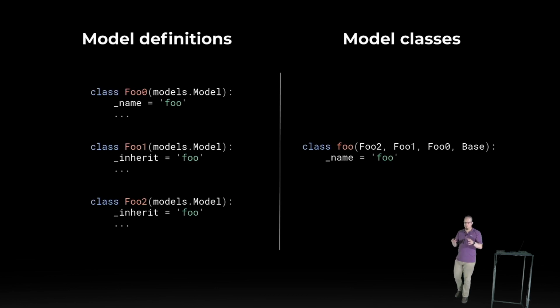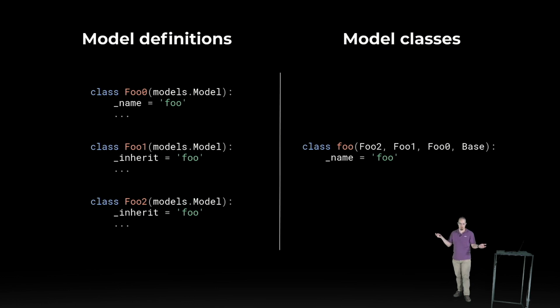I'll show you now how the way you define a model will actually shape the corresponding class in the registry. On your left-hand side, you see a certain number of suggested classes, and this is the way you'd write them in your own code.